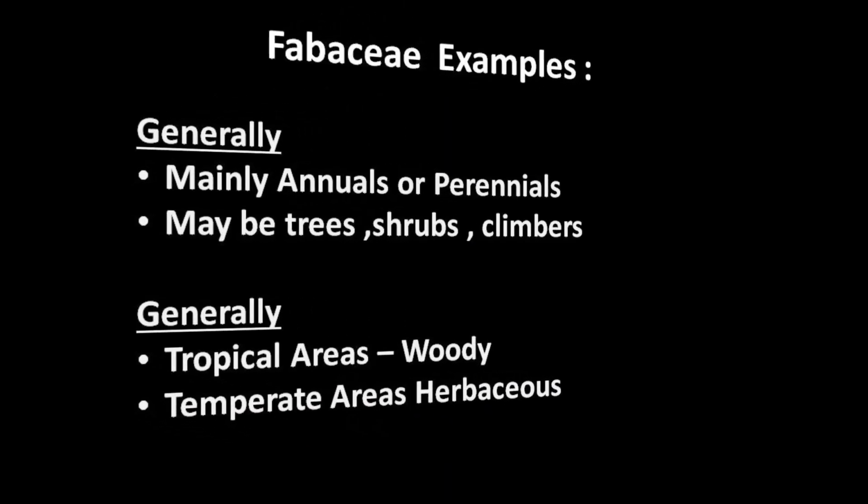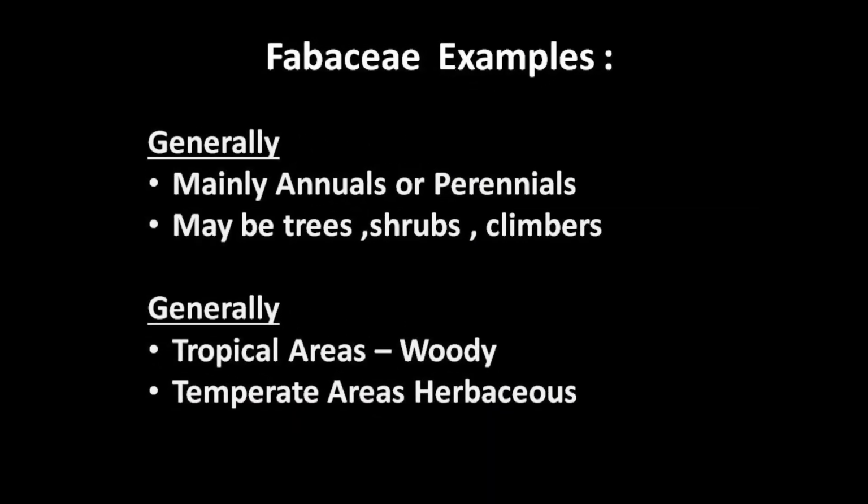Generally speaking, the Fabaceae are mainly annuals or perennials, although they can be trees, shrubs or climbers. And generally, the Fabaceae in tropical areas are mainly woody, and in temperate areas they are largely herbaceous.